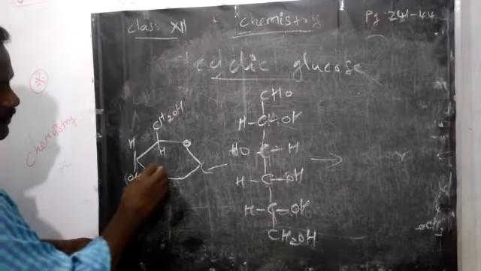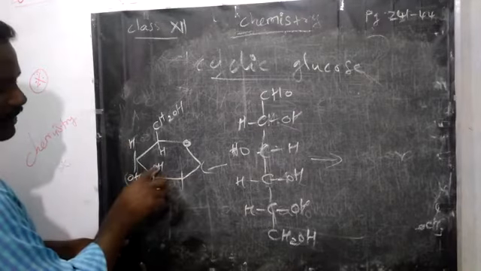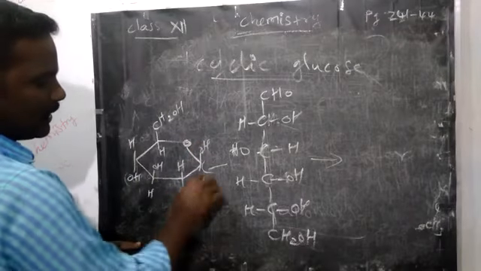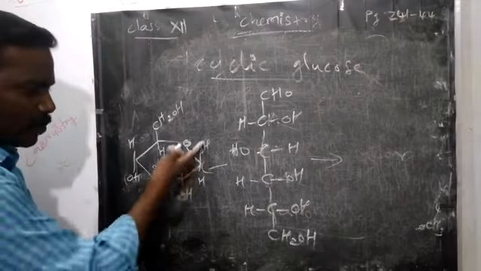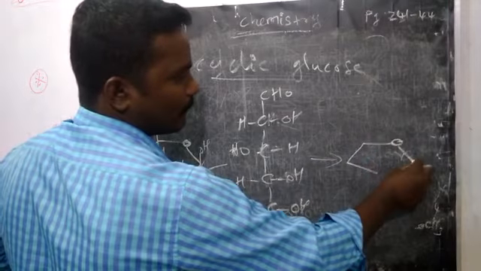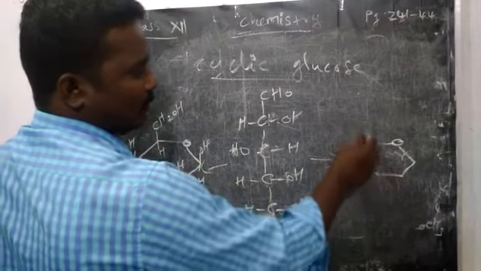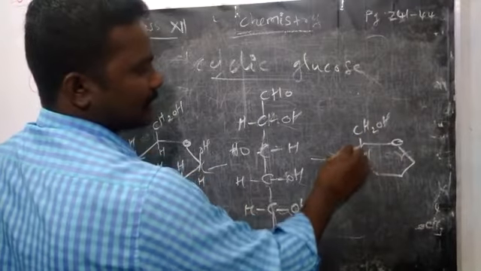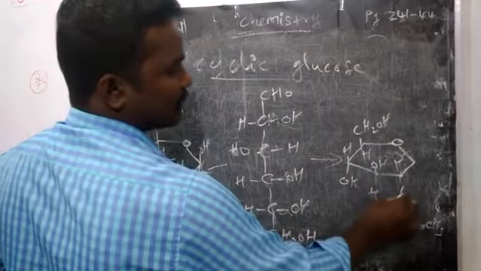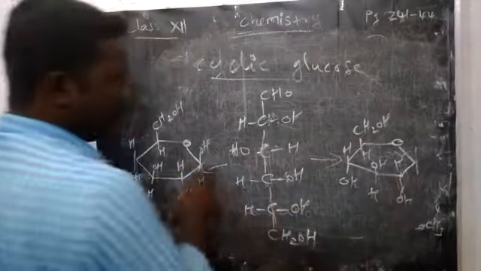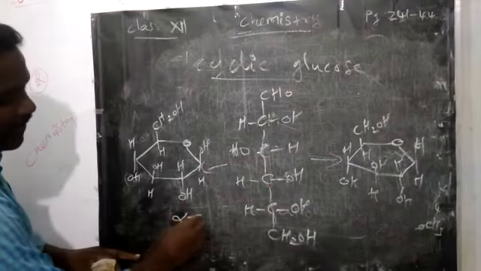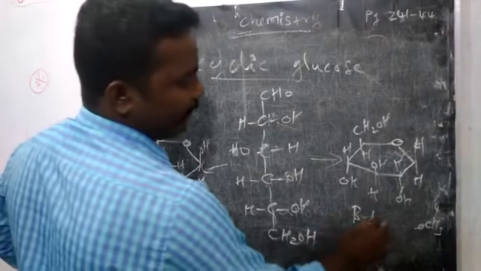There is hydrogen on the top, so OH, H. On top we have OH, hydrogen, OH, then OH, H. If you only reverse this OH, H, you will get the other form, the beta form. CH2OH, H, H, OH, OH, H, H, OH. But here you have to make it inverse, H, OH. So this is the alpha form, and this is the beta form.